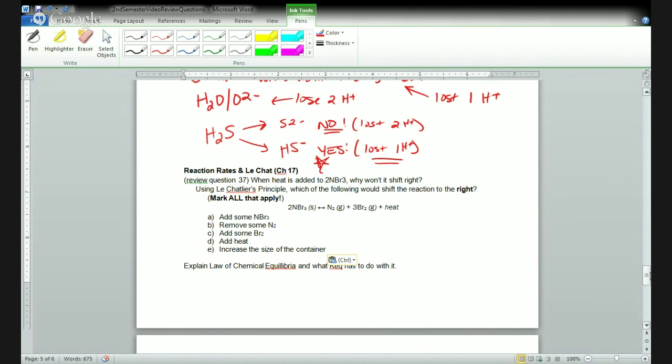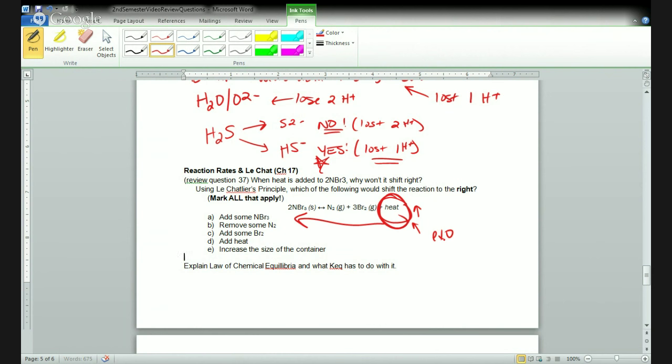Just want to qualify. All right, so review question 37 says, when heat is added, why won't it shift right? If we look at D, it says we're adding heat. If we look at where this reaction is, heat is written on the product side, meaning that it's exothermic. So when I add heat, I am increasing the amount of heat that's on this side of the reaction, which would force it to go backward, to the left.